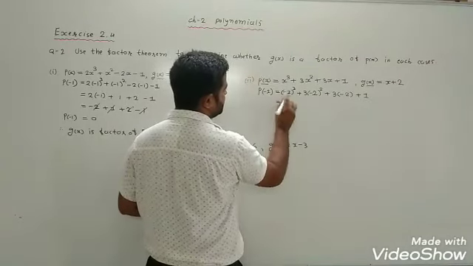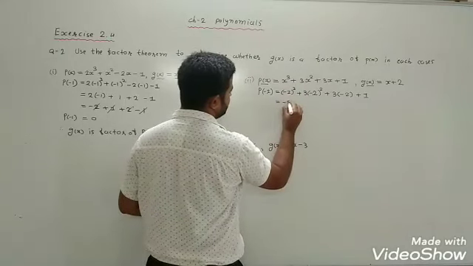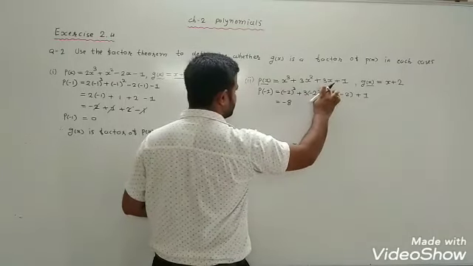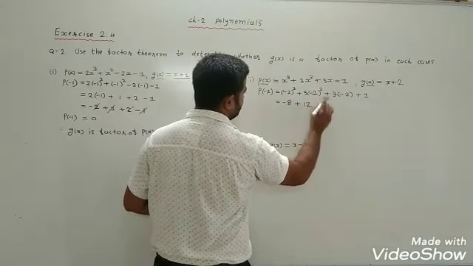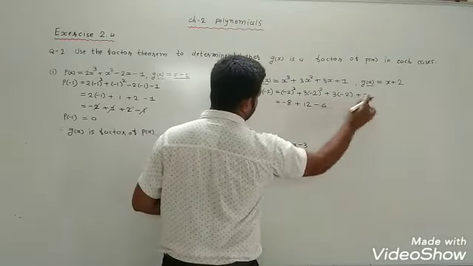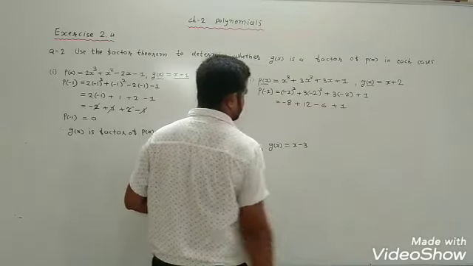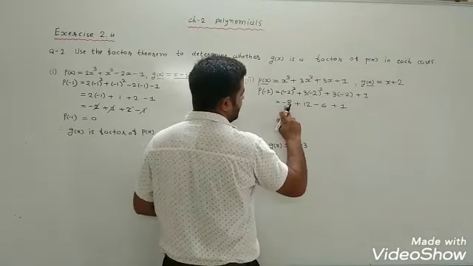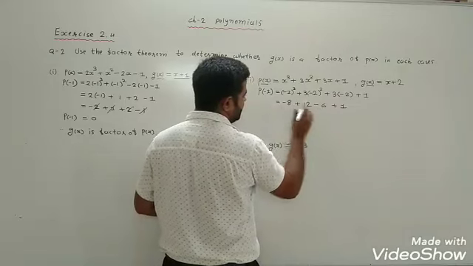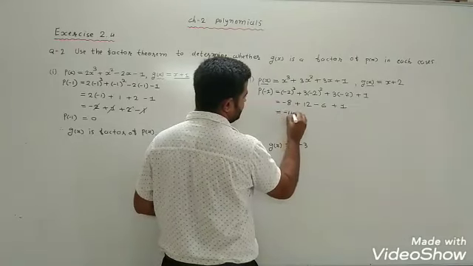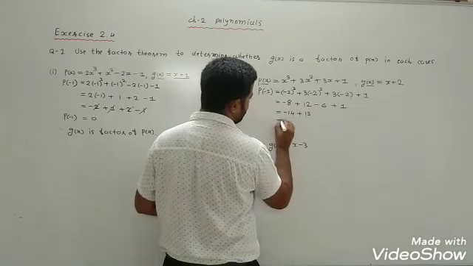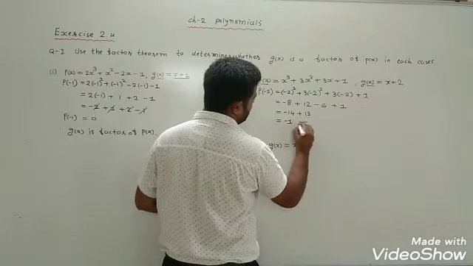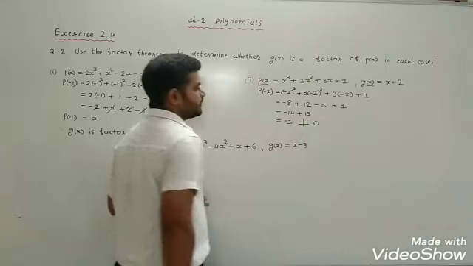Now minus 2 cube we have minus 8, minus 2 square plus 4, 4 3s are 12, 3 2s are minus 6, and here is plus 1. Okay, now minus 8 and minus 6, we have minus 14 and plus 12 and plus 1, so we have plus 13. The answer is 13, which is not equal to 0.